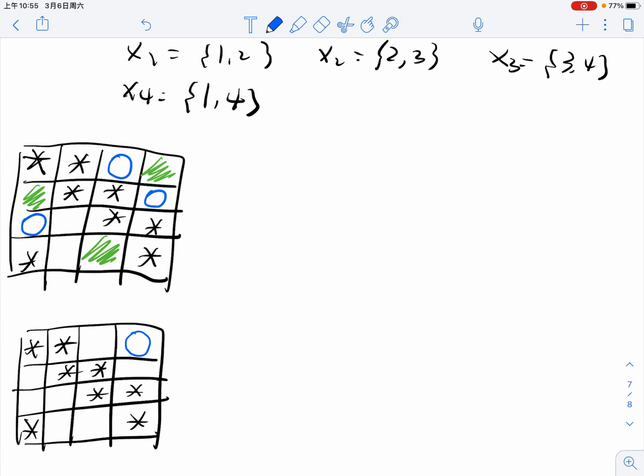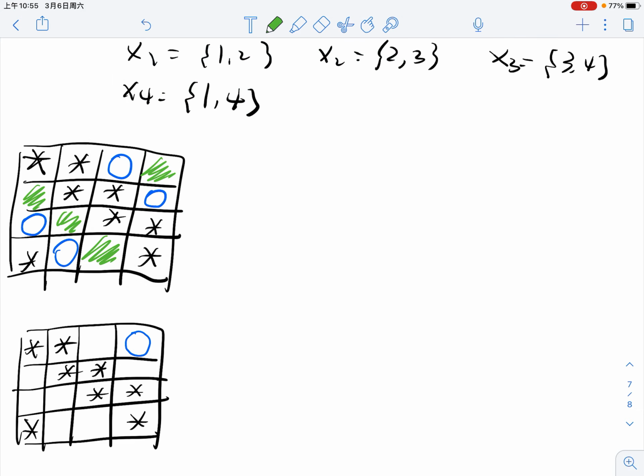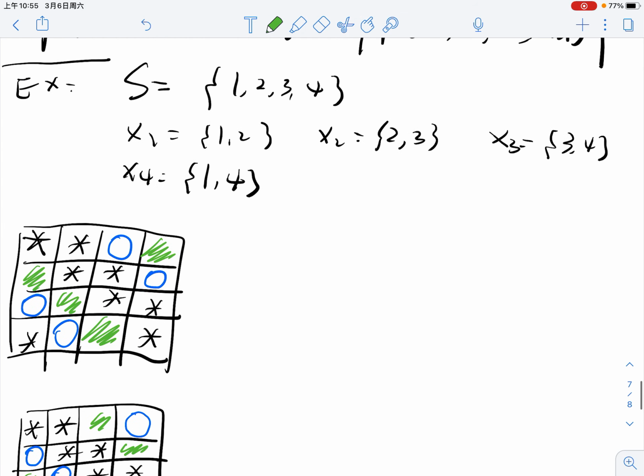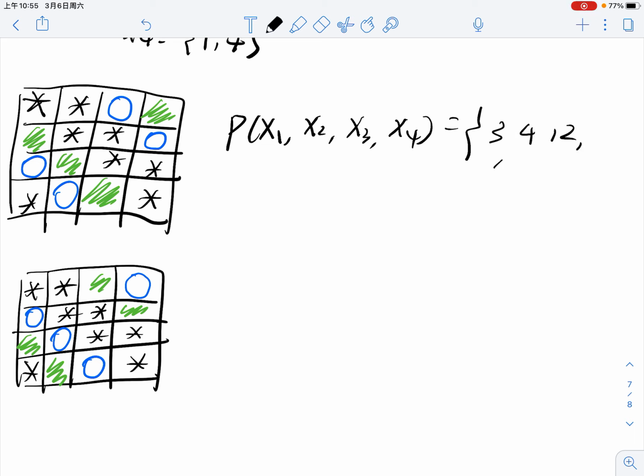And you have blue circle here, blue circle here, grass here, and grass here, circle here, and circle here, grass. And if you write down the numbers, then the permutations will be, the first one is 3, 4, 1, 2. The second one is 4, 1, 2, 3. So small p is 2.